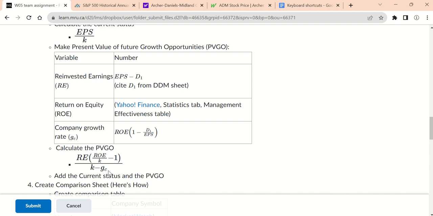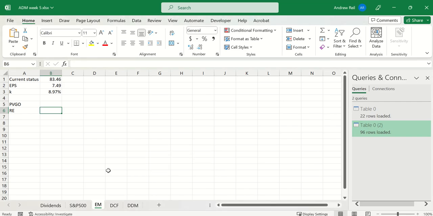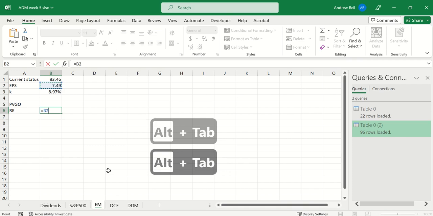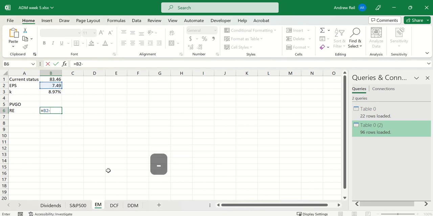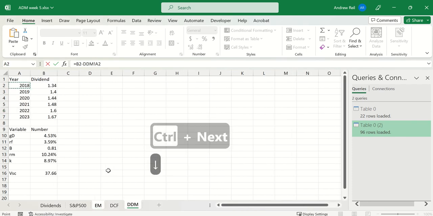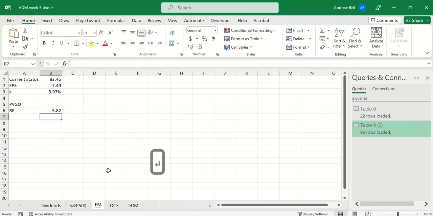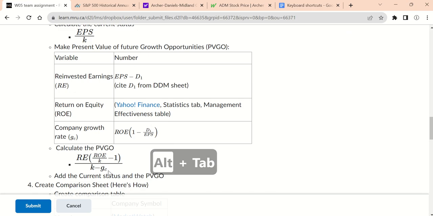The last whole year's data that we have is 2022, and we have that from the DDM sheet. So we're going to go equal the EPS, minus, Control page down to the D1, the 2023 dividend. Good, RE.